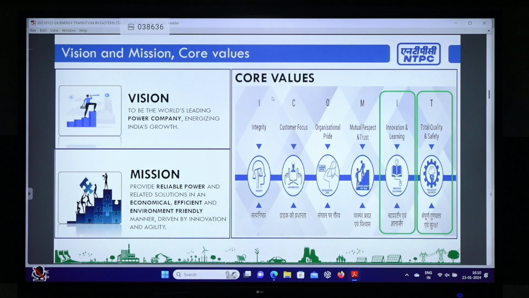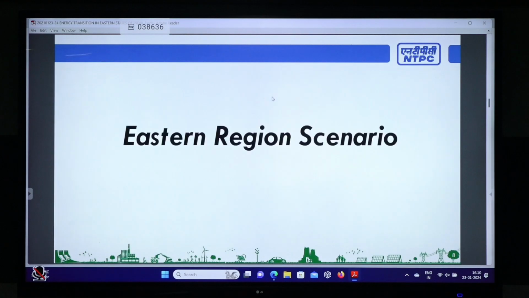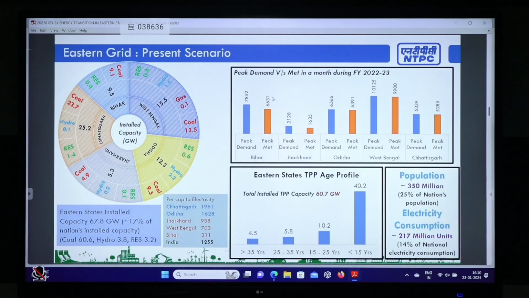So, core values, mission and vision. Something about the Eastern region has already been talked about a lot, and the morning sessions spent a lot of time on this. Only one or two things I would like to mention here. If you see the aging profile of Eastern region power plants, one clarification: this is not only NTPC.